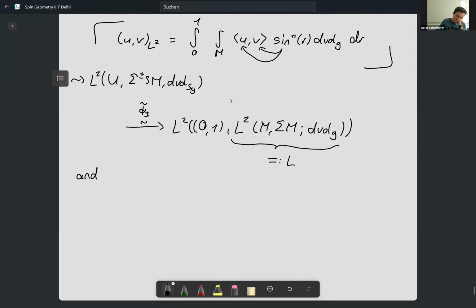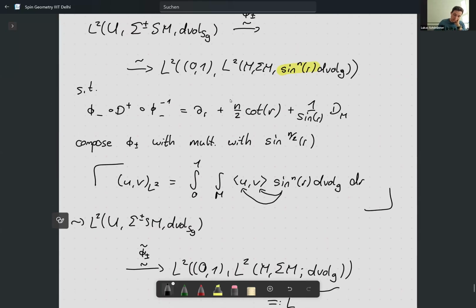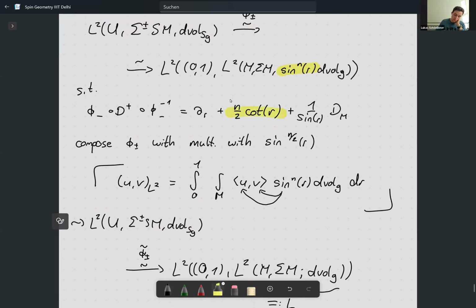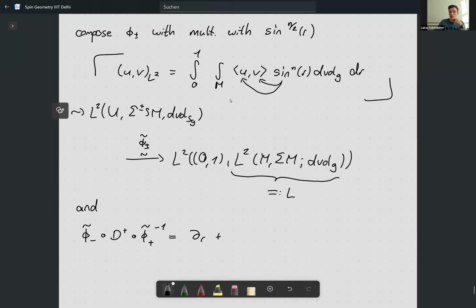And if we look now at the formula of this operator with these modified isometries, then we see that this cotangent term disappears, since it is incorporated in the section, in the spinors, and we are left with 1 over sine r D_M.